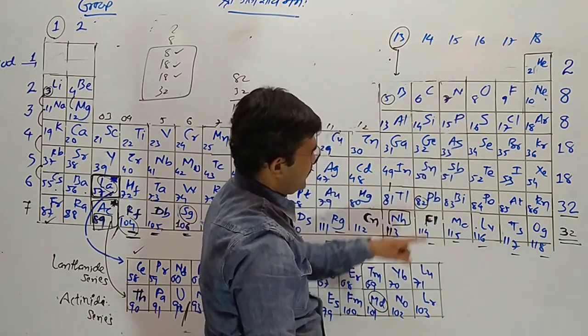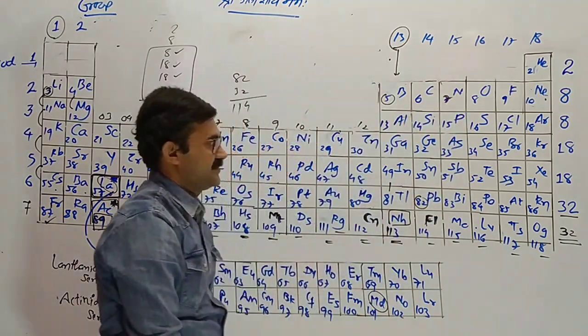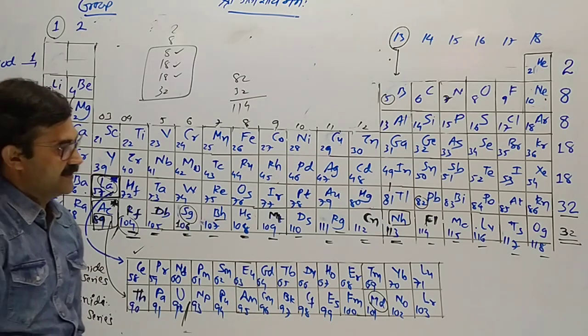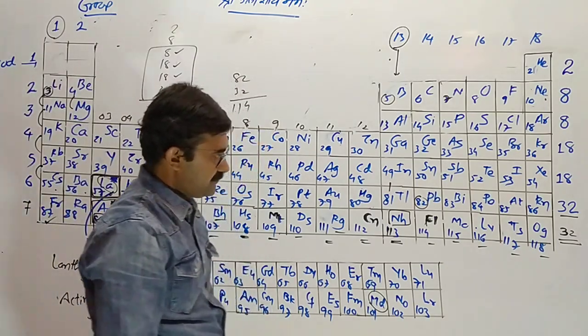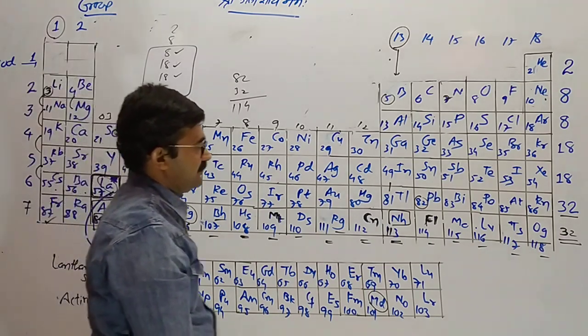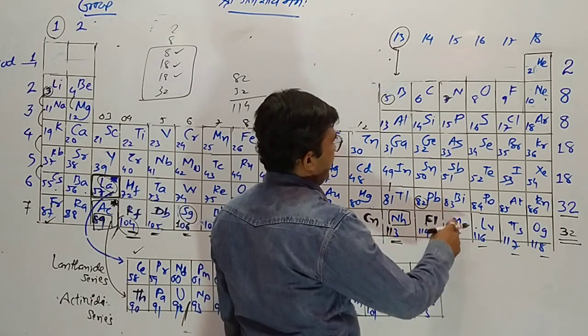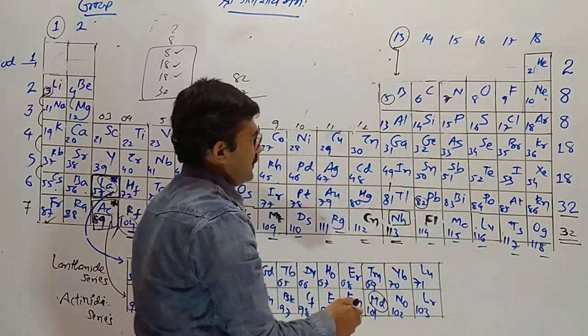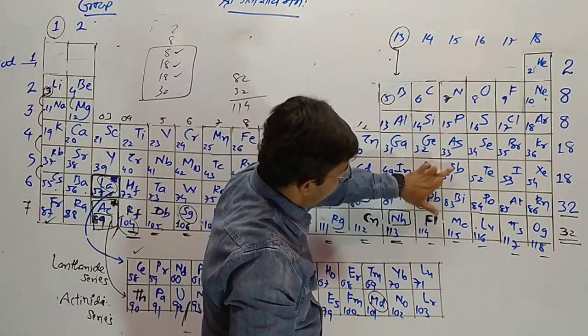Nitrogen, here also: nitrogen, phosphorus, arsenic, antimony, bismuth, and Mc, remember, moscovium. Tell me which one is moscovium? 115. So here natural elements are 5.